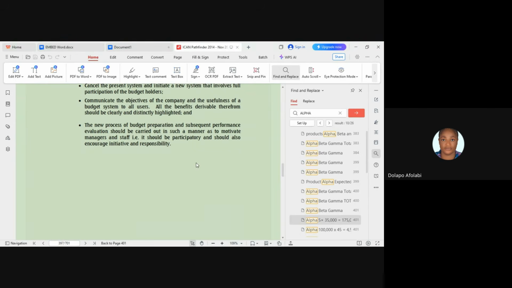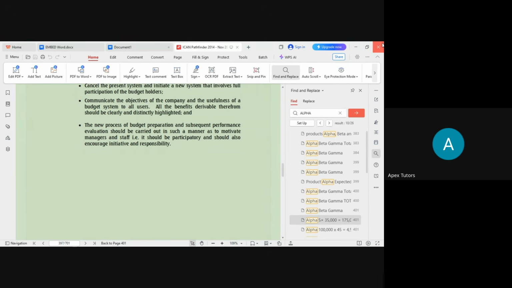When we did the overhead absorption per unit, we put all the total costs together, for product A and product B, and at the end of the day, we aggregate the total cost and divide it by the total number of output.